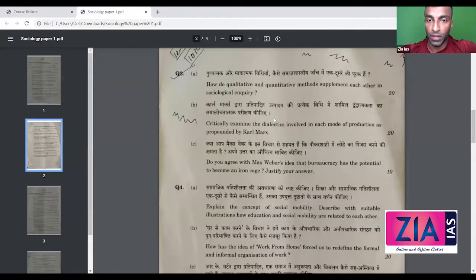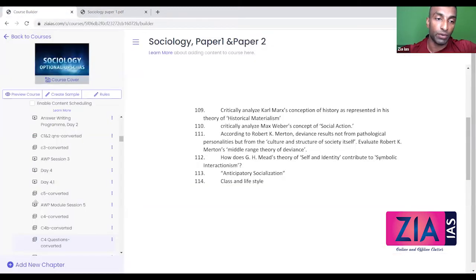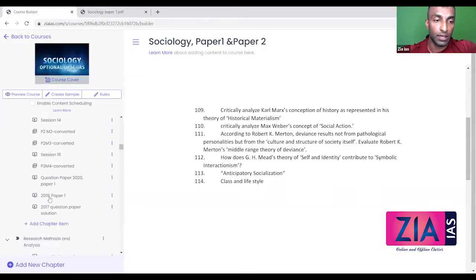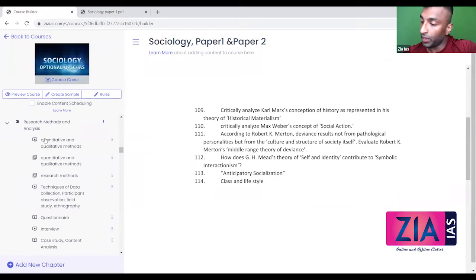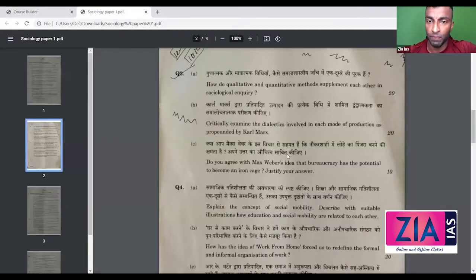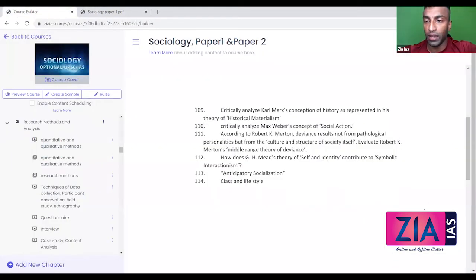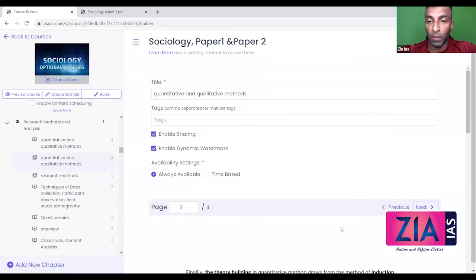So we are talking about quantitative and qualitative. Now coming to that, right? So here you will find quantitative and qualitative, the lecture. You can watch, we have done with that already. And exactly what they have asked here, how they supplement each other. This is what I always tell you, you have to write it in this way: rather than contradictory, they are complementing each other.